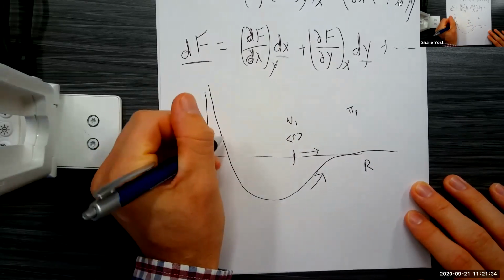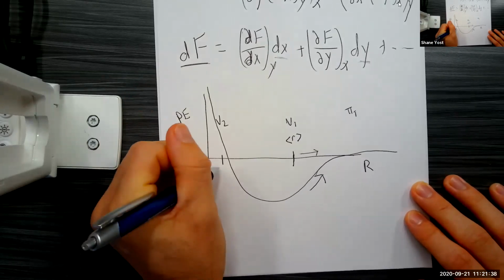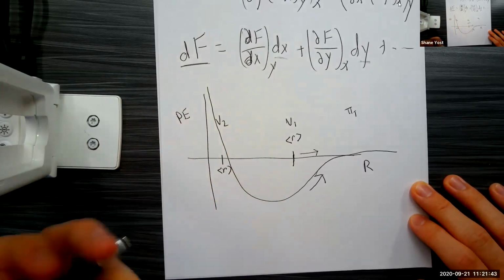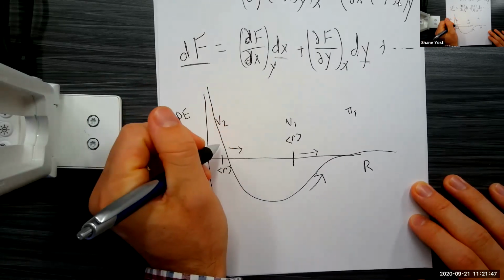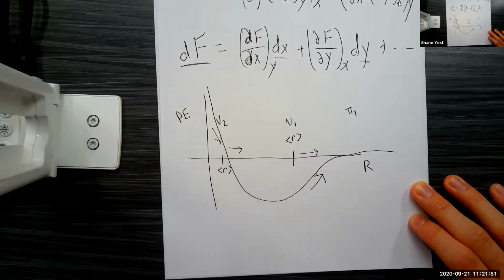So let's say instead I'm out here, at like V2, where this is now my average separation distance. Now, if I increase my volume, that's going to decrease the potential energy.